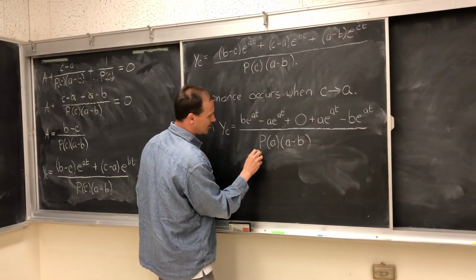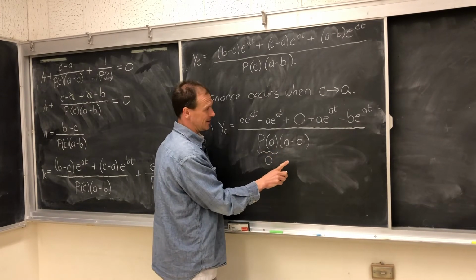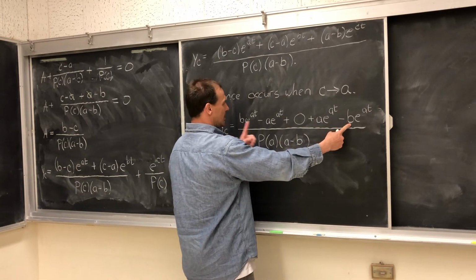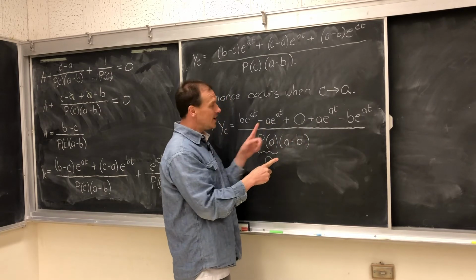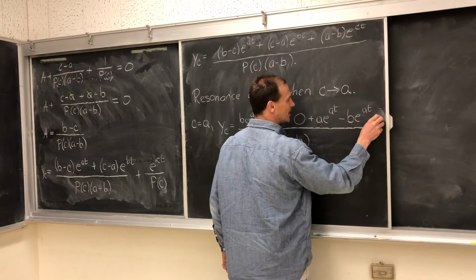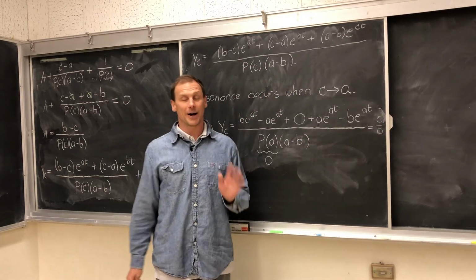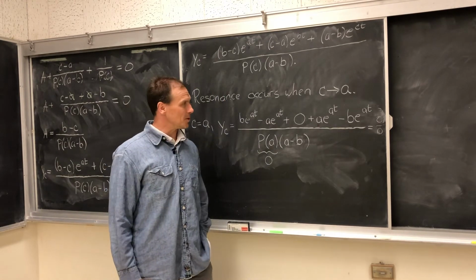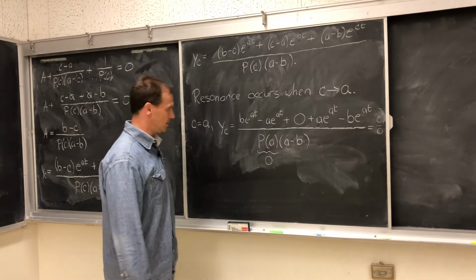This is 0. That means the whole denominator is 0. And look at this, the numerator is 0 as well. We are stuck in this problem of having 0 over 0. We can't have that. But the beauty of that is 0 over 0 is the most basic case where we can apply L'Hopital's rule. And that's what we're going to do next.